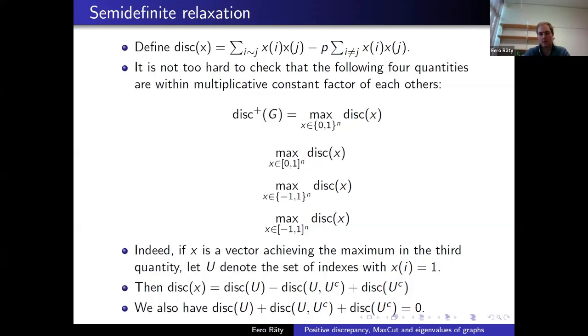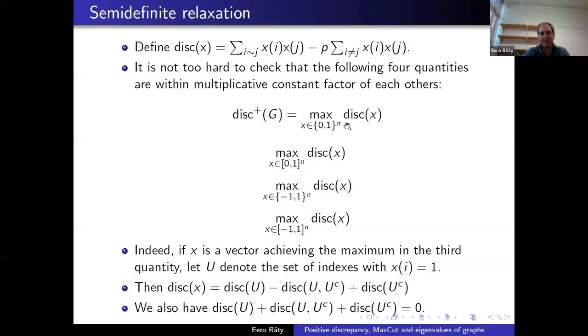On the other hand, if we allow these values xi to be anything between 0 and 1, and not just either endpoint, then if we fix all but one of them and vary the last one, the expression is linear in the last one, so the maximum is achieved at one of the endpoints.